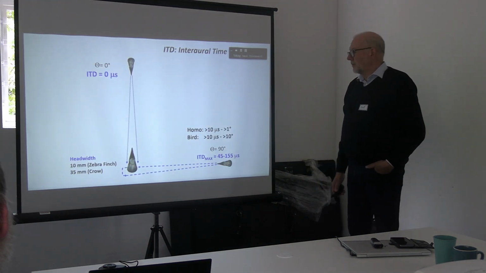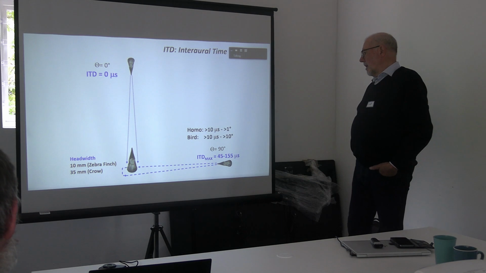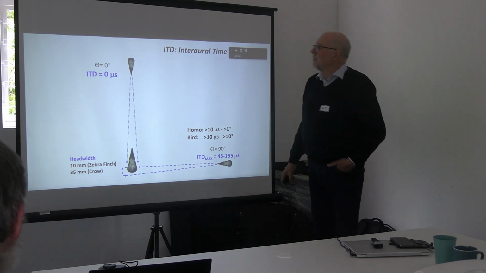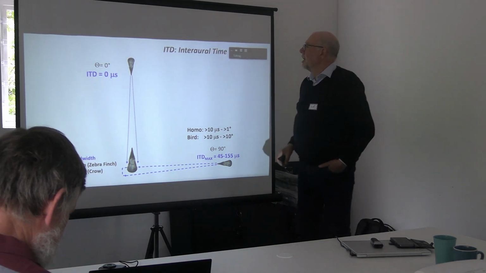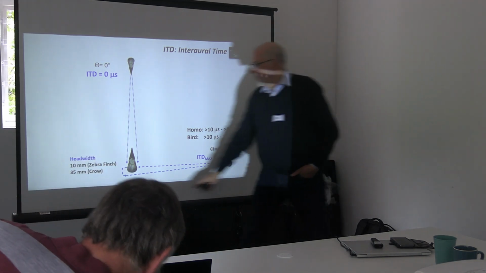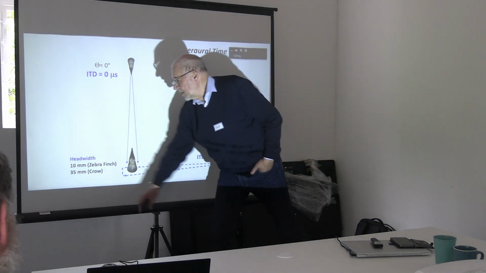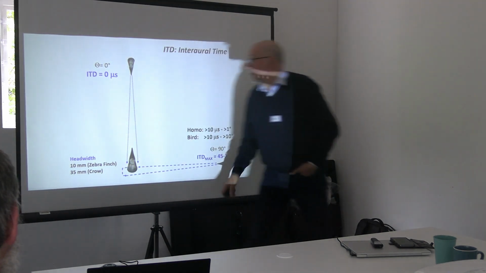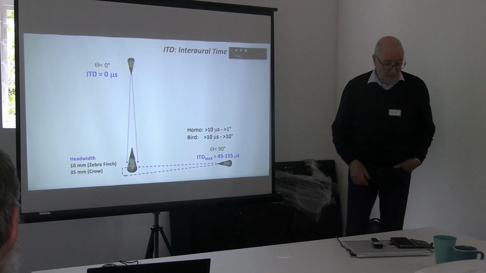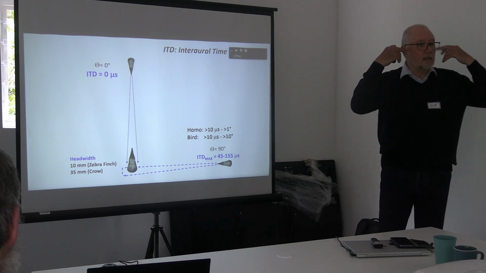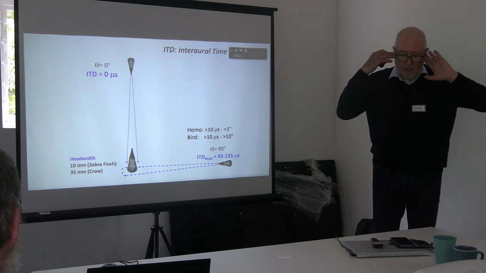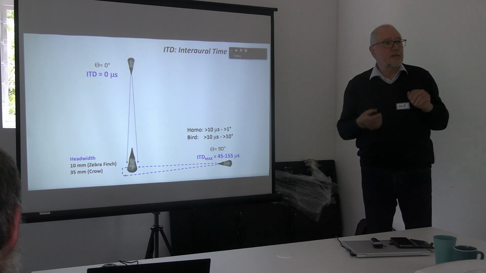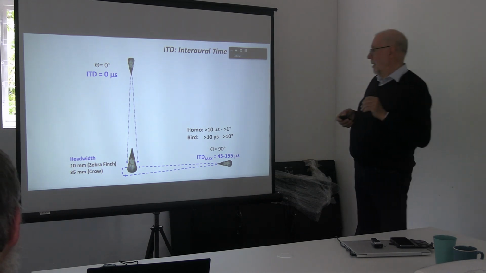So if you look into using interaural time differences, head widths are some, say, 10 millimeters for a zebra finch and 35 millimeters for a crow, whereas our head has a size of 17 centimeters normally.